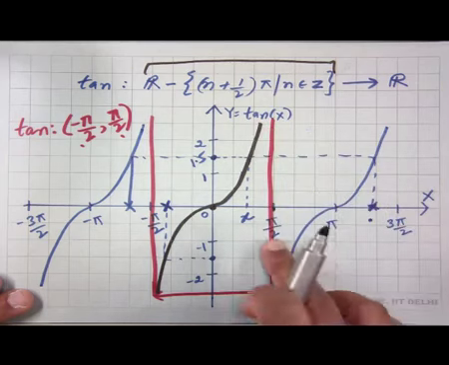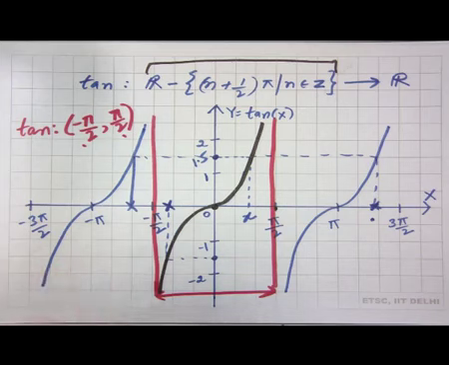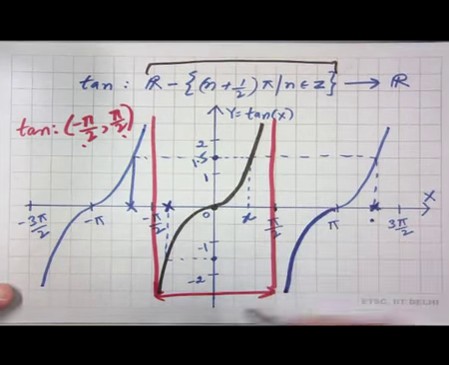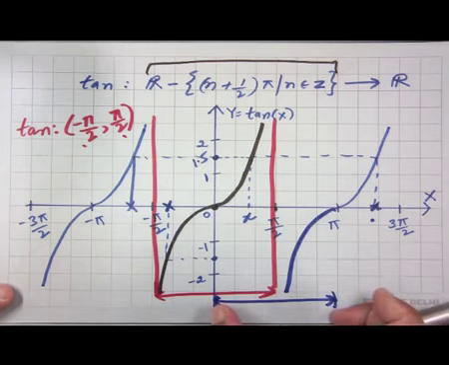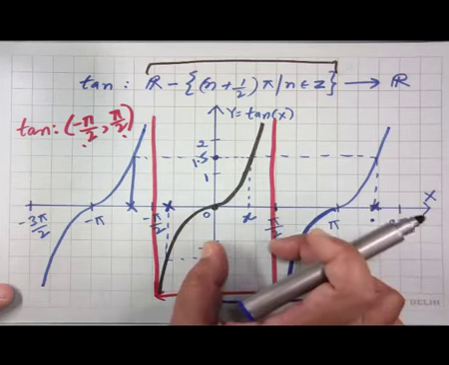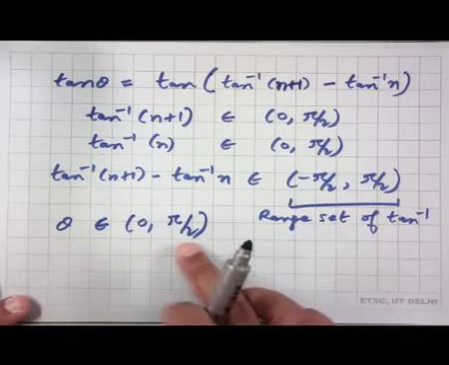But between pi by 2 and pi, this part of the curve is negative. We are told that theta belongs only to this interval, from here to here. And since tan theta must be positive, theta must belong to 0 to pi by 2.